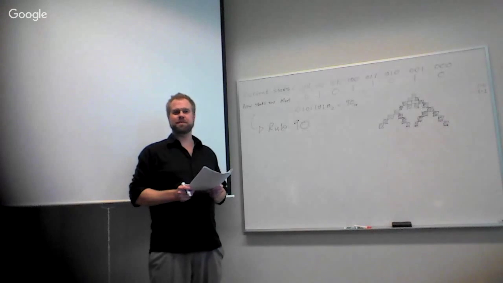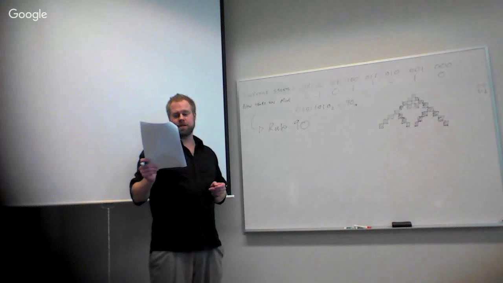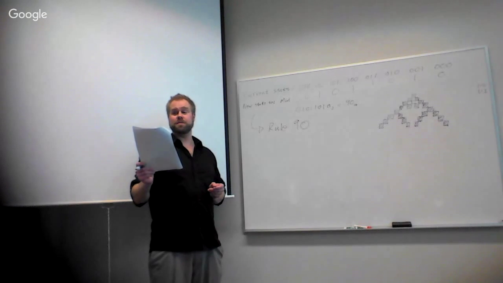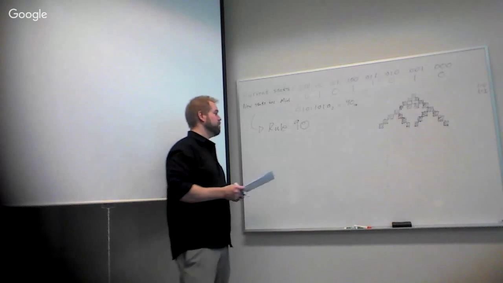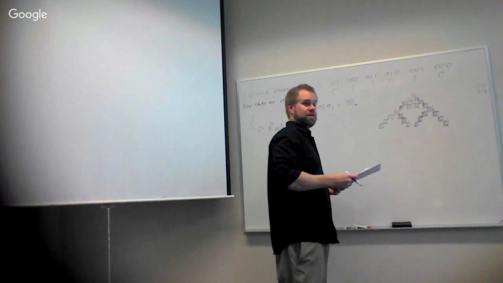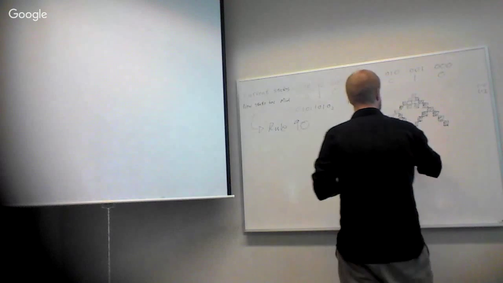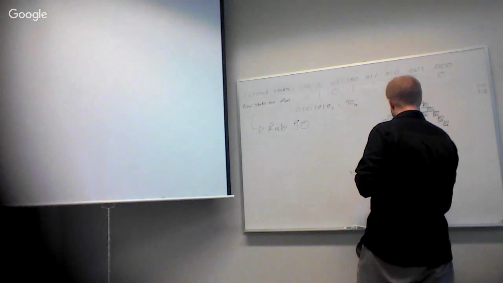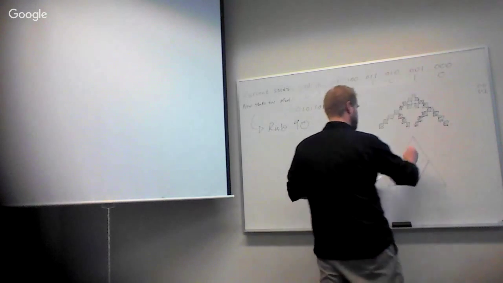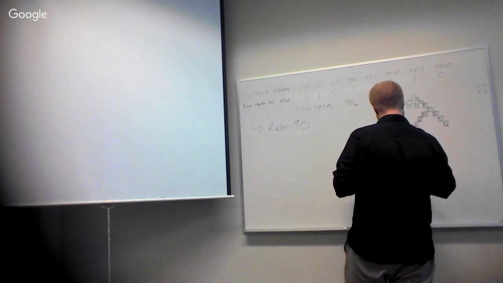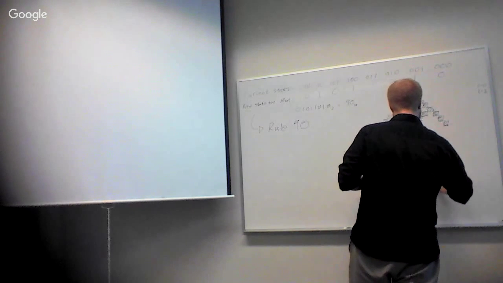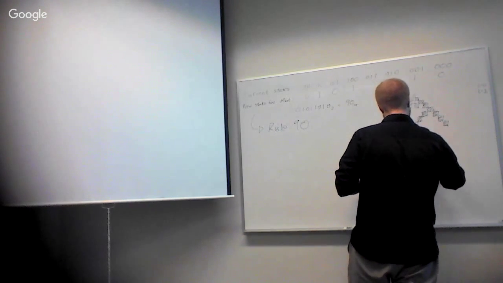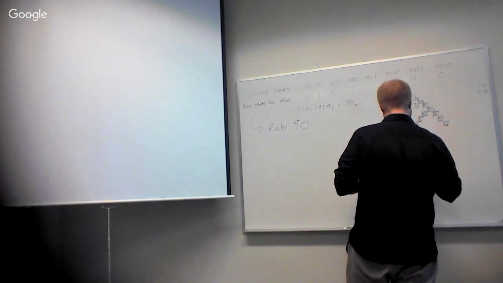Which one? Sierpinski triangle. Ah, yeah. Remember how to form the Sierpinski triangle. You take a triangle, and then fill in the middle with an upside down triangle, and then do that to each of the remaining triangles, and then do that to each. Exactly.